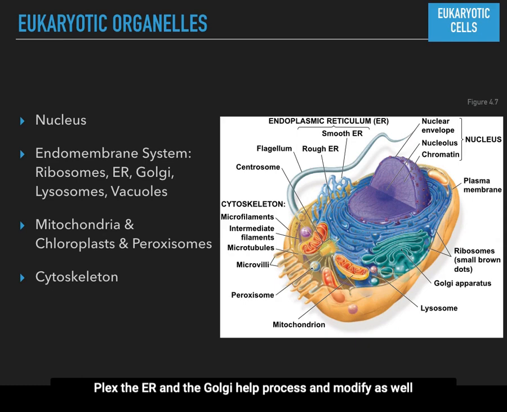The ER and the Golgi help process and modify as well as ship proteins. Then there are the lysosomes, which act as a trash can, and vacuoles, which act as storage, and these are also part of the endomembrane system.